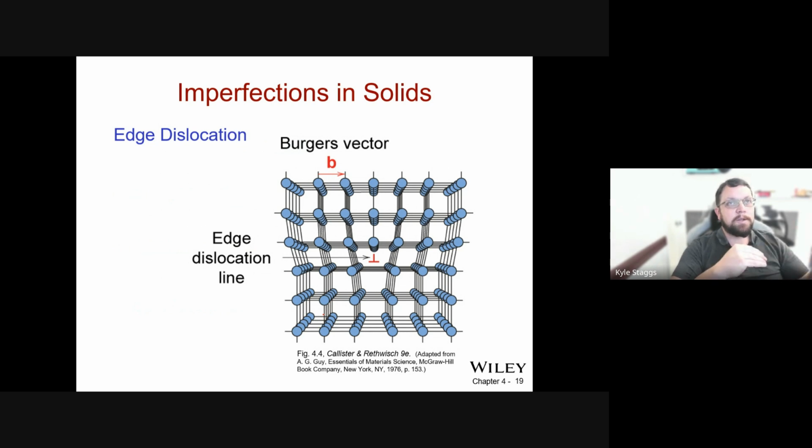So the Burgers vector is showing you the direction of this distortion by having this extra set of half planes inserted here. And this vector is showing you what direction the distortion is in. Down here, a few atoms away, everything is fine and normal at the base.